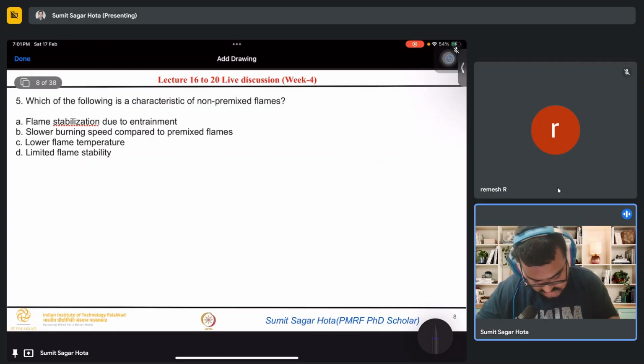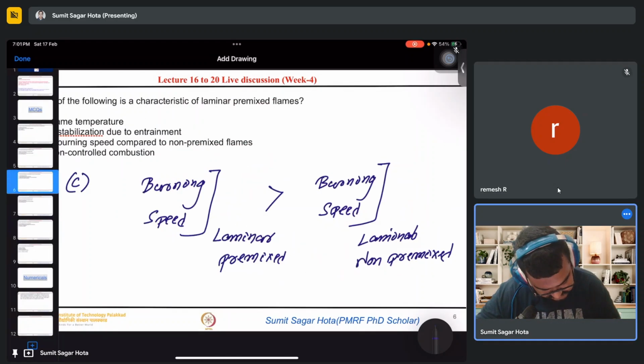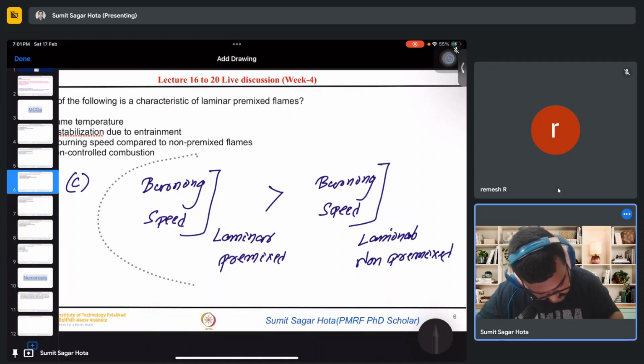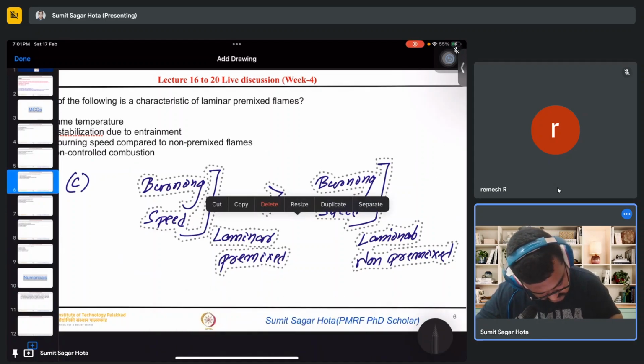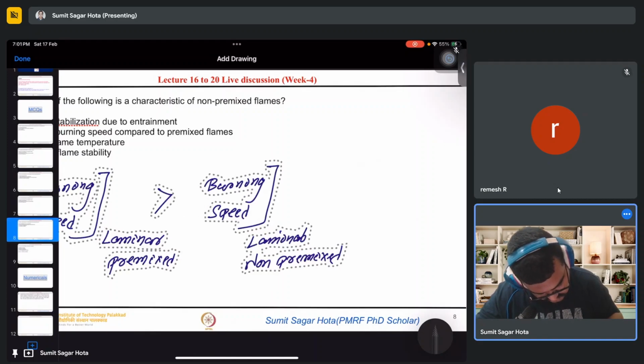Which of the following is the characteristic of a non-premixed flame? This burning speed I think I already discussed here.